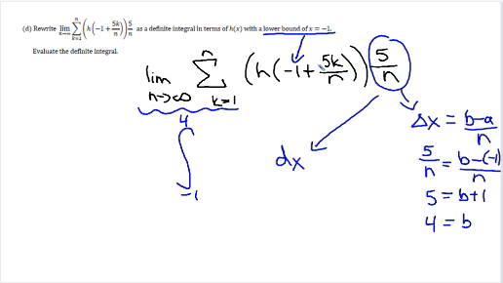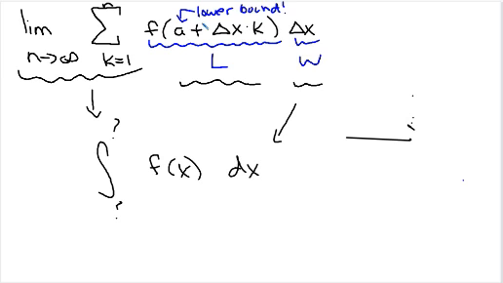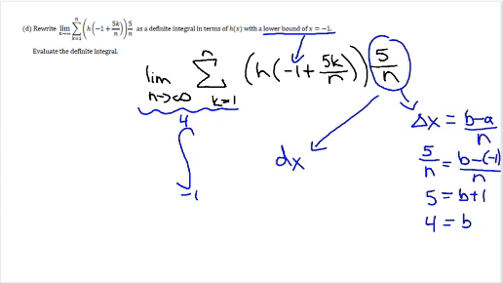And what about this thing over here? Well, remember, let's go back. It's the lower bound plus delta x times k. Well, my delta x is 5 over n. Okay, remember it's b minus a over n times k. All right, and we're even told that k is 1.